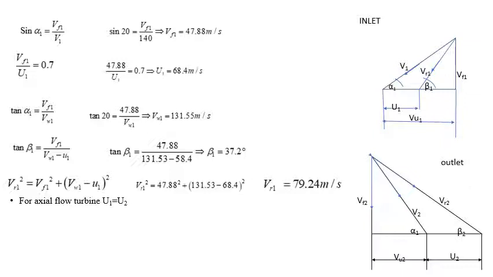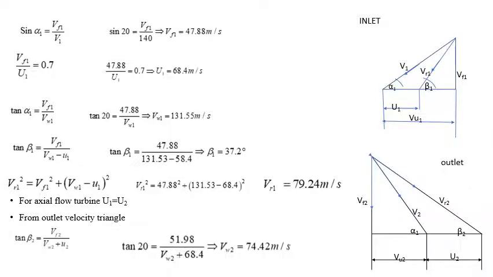So for an axial flow machine, U1 is equal to U2. From the outlet velocity triangle, tan beta 2 is equal to Vf2 by Vu2 plus U2. Substitute the values here, then find out the tangential velocity at outlet, and that answer is 74.42 meter per second.